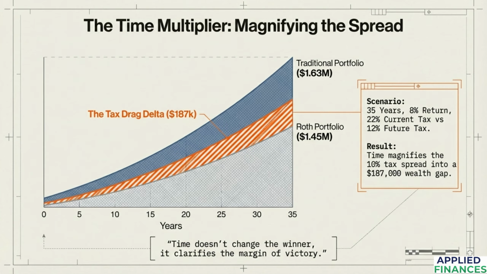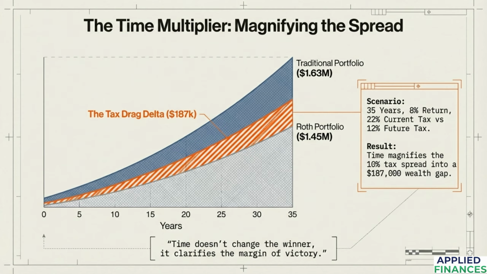In this specific model, a traditional portfolio might reach $1.63 million, while a Roth portfolio might sit at $1.45 million. This creates what we call the tax drag delta, which in this case is $187,000. It is important to remember that time does not change the winner, it simply clarifies the margin of victory.